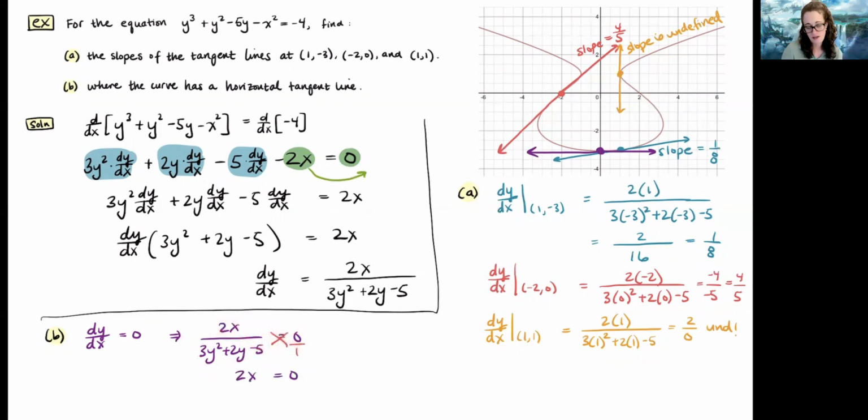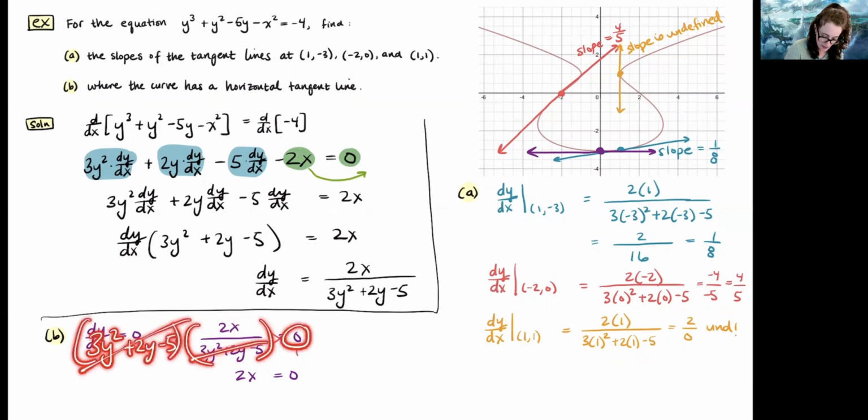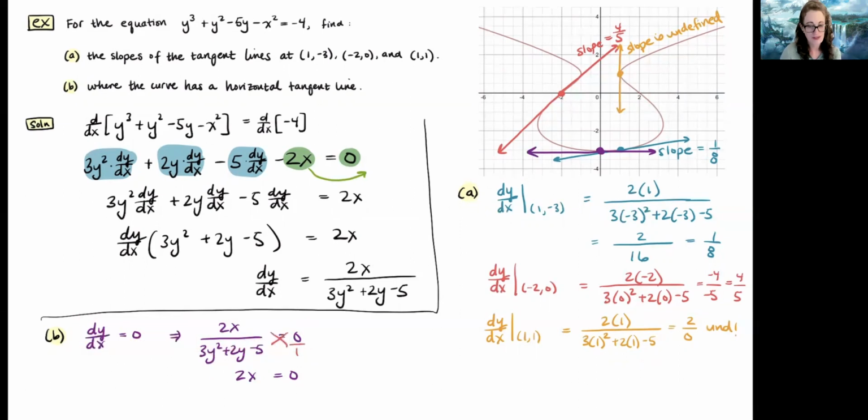You can also think about it as just multiplying both sides by 3y squared plus 2y minus 5, so that cancels down here. But then over on the right-hand side, that's just being multiplied by 0, so you'll still just get 0 out. A third way to think about that is a fraction is 0 only when the top is 0. It doesn't matter what the bottom is, as long as it's not also 0. So solving this for x, we just get x equals 0, and that, again, makes sense based on our picture.